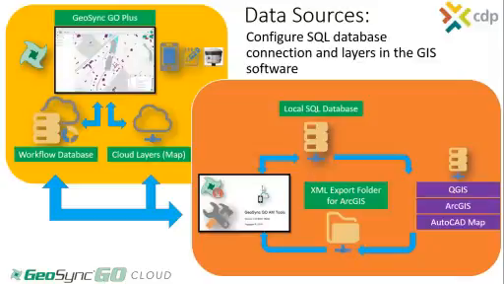That again then gets pushed out into the cloud, where it uses the workflow database that's stored in the cloud. And that data is used within GeoSync Go Plus. Keeping in mind that configuring the SQL database connection and layers is necessary in the GIS software.